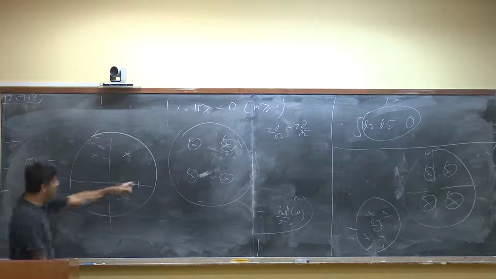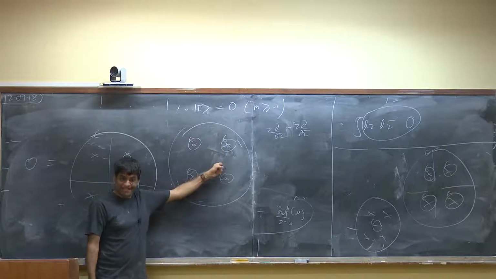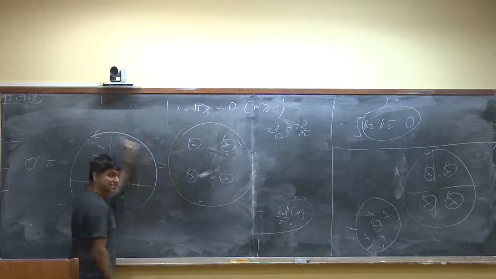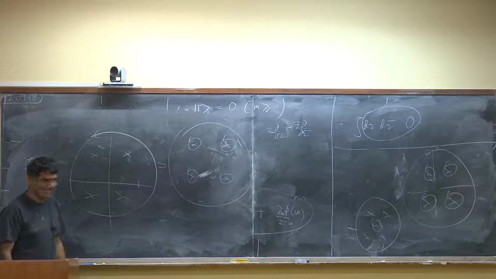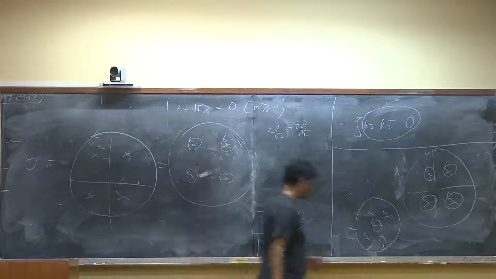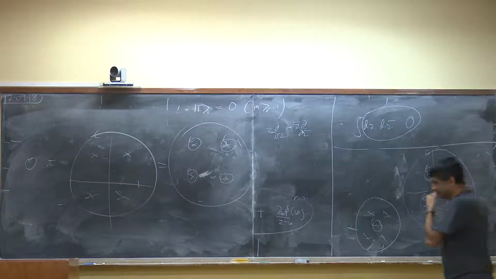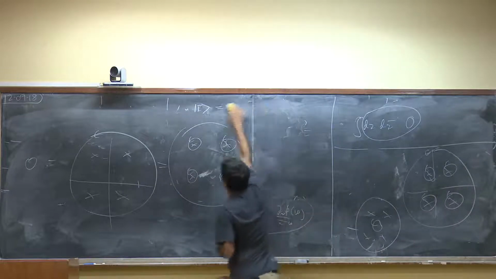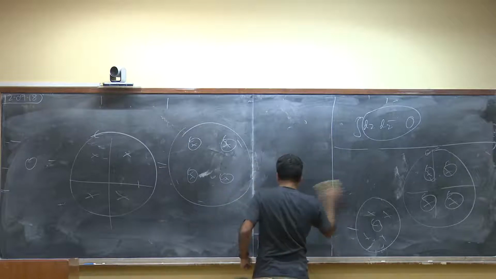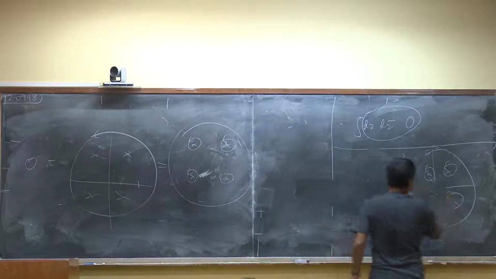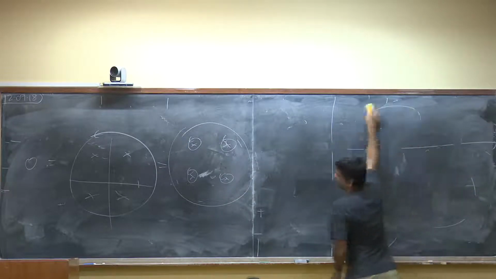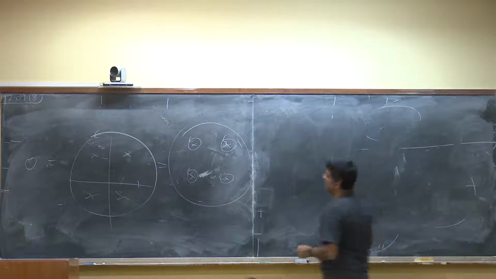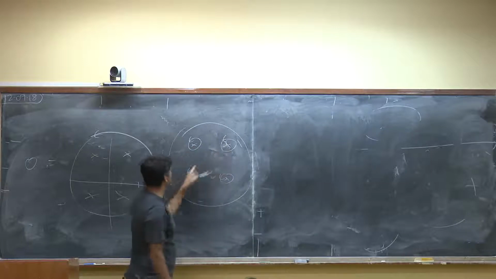Okay? So what we have here is the statement, but this was equal to 0, but this was equal to this. So this is 0. But this is just a sum of residues.